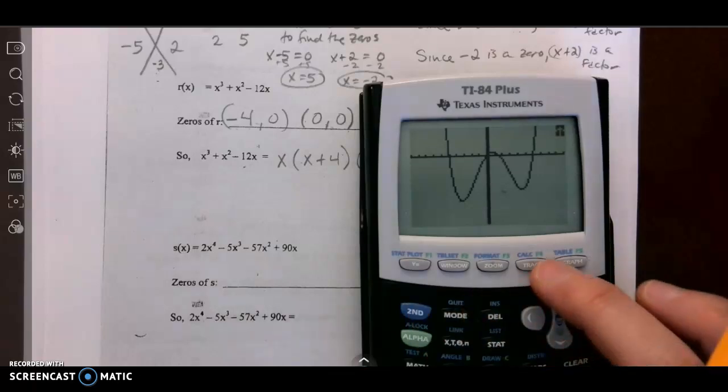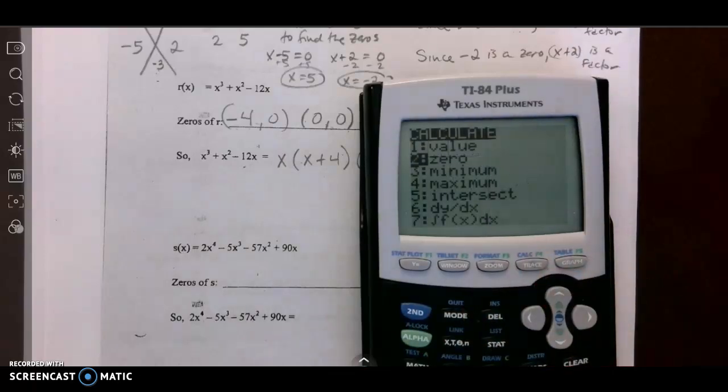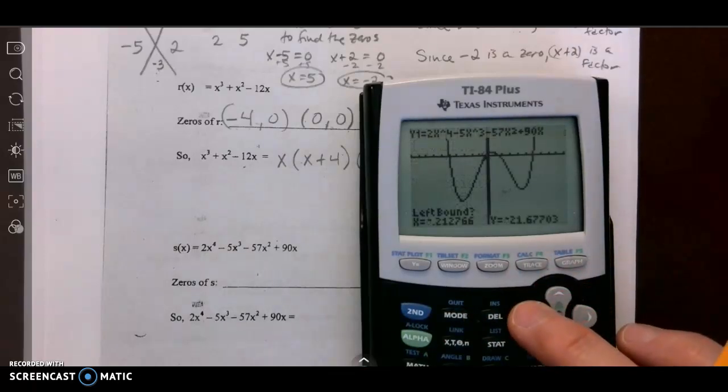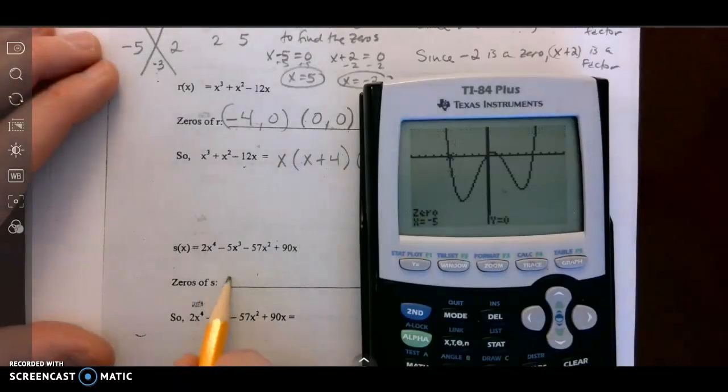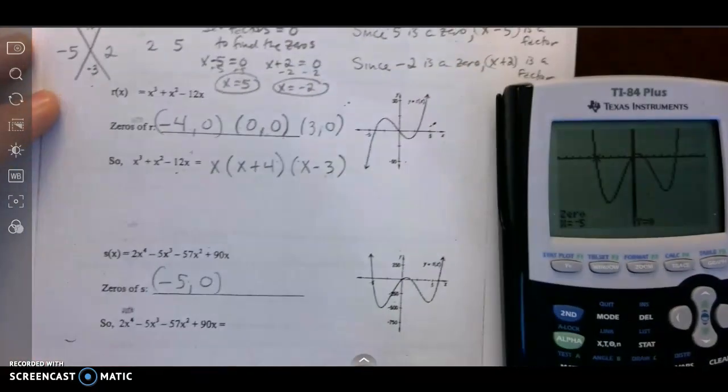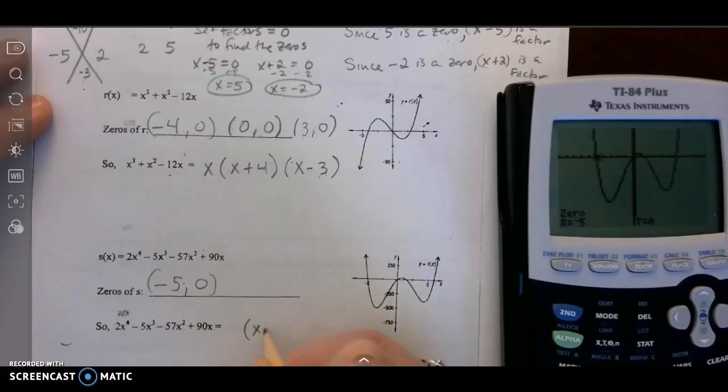I'm going to go to second trace, 0. I'm going to start all the way over here on the left and then move along. I'm left and above, right and below, go past the guess, negative 5. Now, as soon as I know that 0, I know that my factor would be x plus 5.